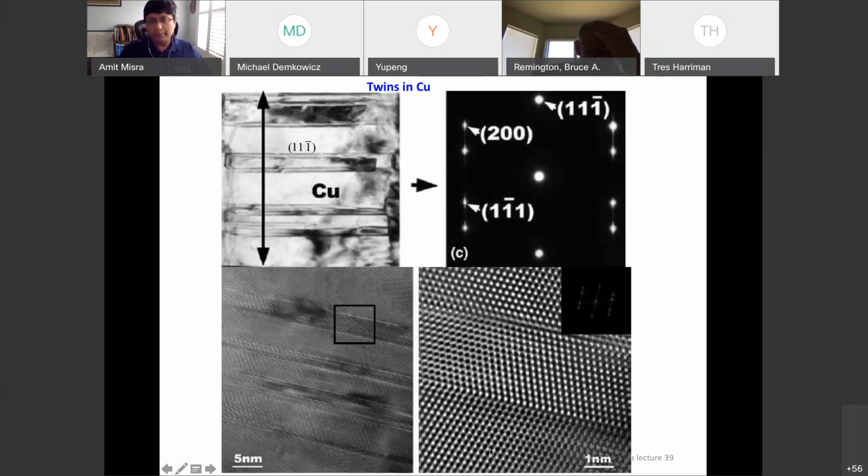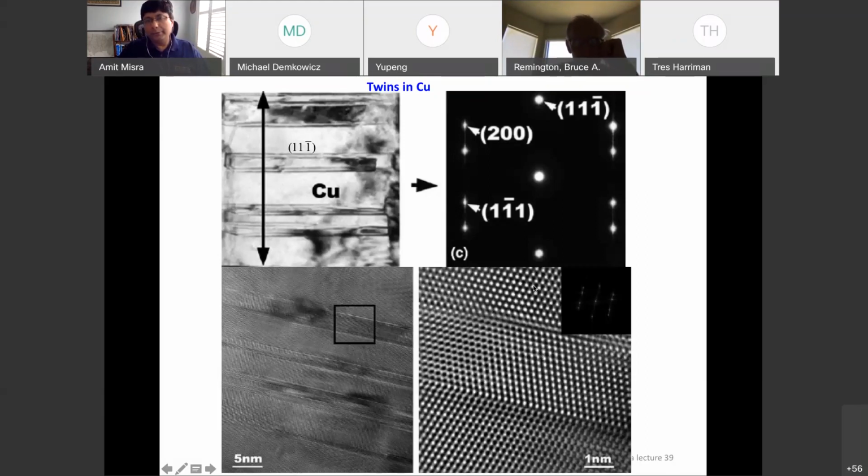We are looking down the 1-1-0 axis in FCC. You'll notice two things here. One is that there is a mirror symmetry across the twin plane. This is how you can verify each atomic position: for the columns of atoms, you'll see a mirror image across, which is a very classical zigzag pattern. That's the signature of a twin boundary.